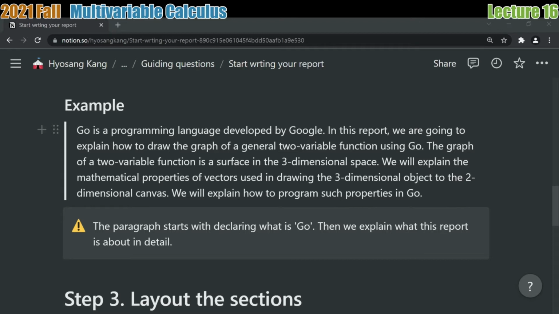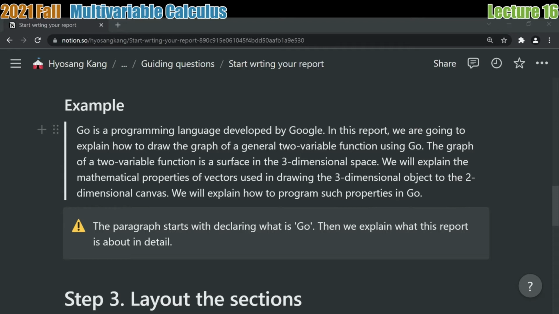But in the introduction, you have to at least give the reader the idea of what the graph is. So I explained that in the third sentence. The graph of a two variable function is a surface in the three-dimensional space in general, right? So that's how we draw the graph of general shape of two variable function.